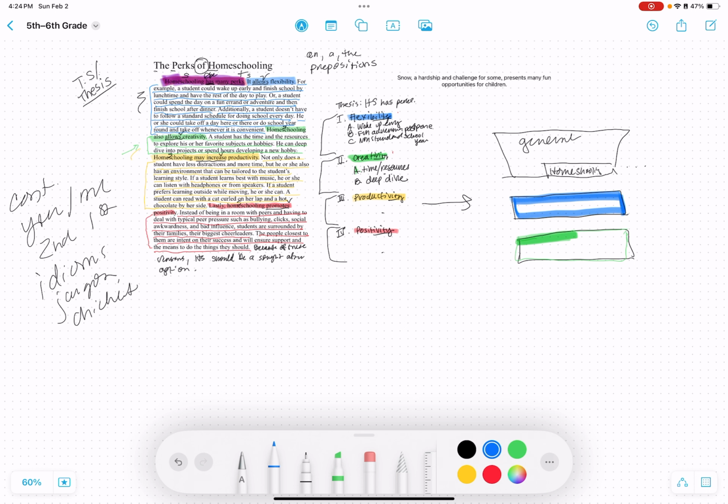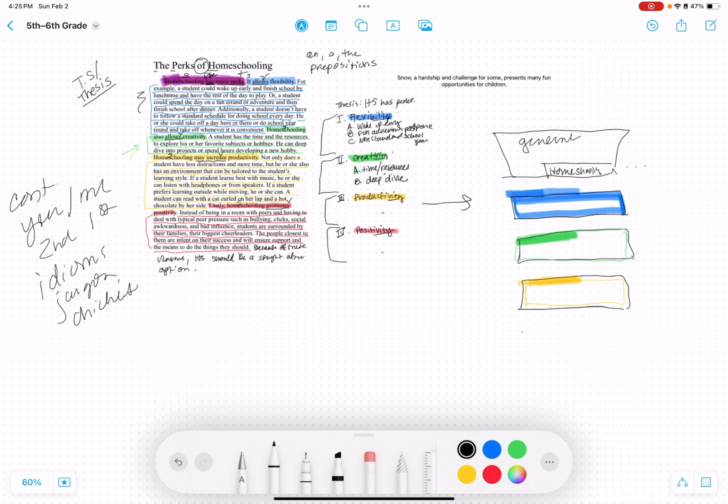And the first sentence here would have been, it allows flexibility. So let's go on to the third paragraph. And you guessed it, the first sentence of this paragraph would be, homeschooling may increase productivity.